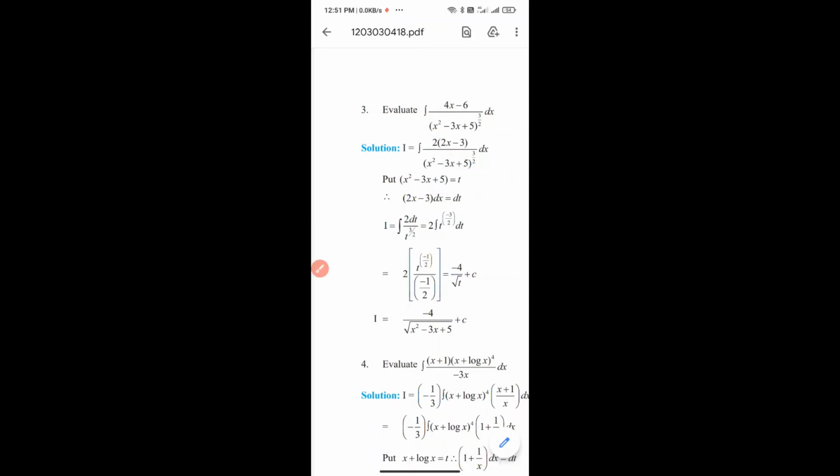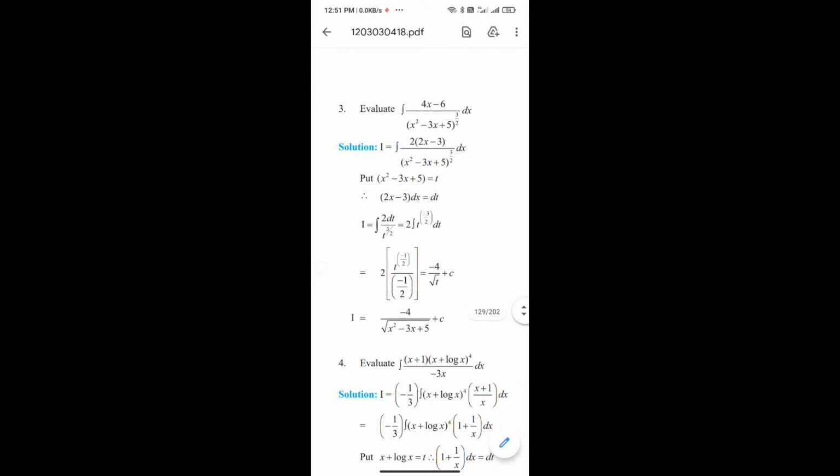So after this, we know there is no 2x minus 3 over here. Okay, so that's why they have taken 2 common to get 2x minus 3. Okay, so this 2 we can multiply into this 2x minus 3.